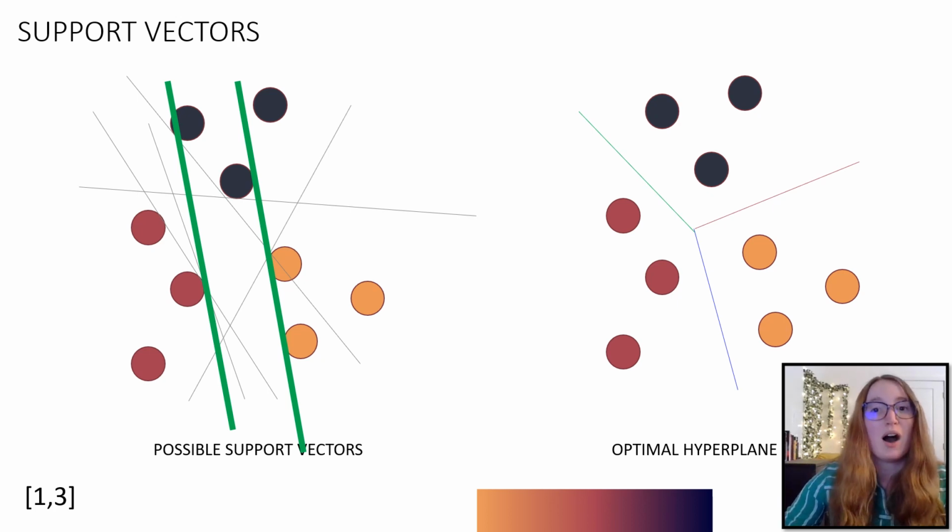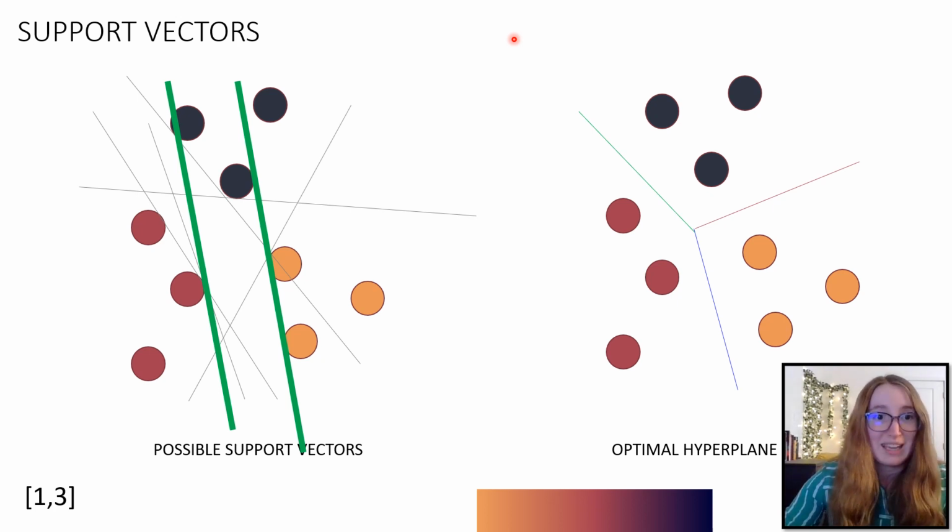One tool that is commonly used to ensure the optimal hyperplane is achieved is the support vector. Support vectors are defined from the points that are closest to the separation point between the 2 classes. We can define a large number of support vectors between these classes, as can be seen by all of these gray lines on the left. However, the objective is to find a set of support vectors that are separated by the greatest distance.